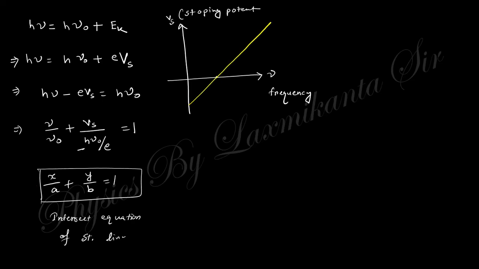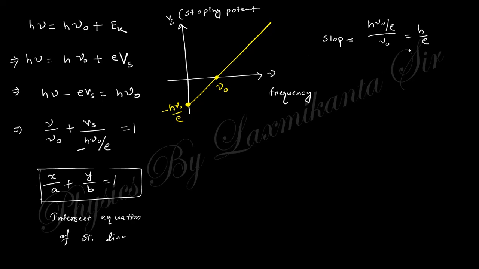No problem. The cut on the nu axis is nu naught, which is the threshold frequency. The cut on the y-axis is at h nu naught by e. So the slope of this curve will be h nu naught by e divided by nu naught, that is h by e.